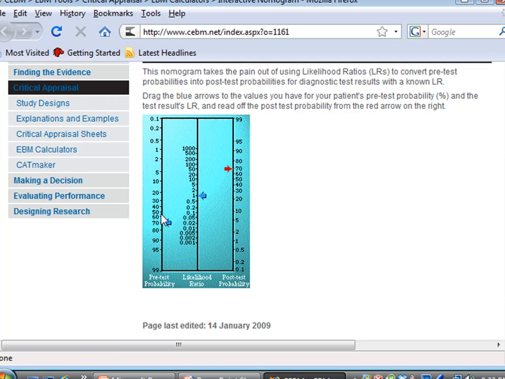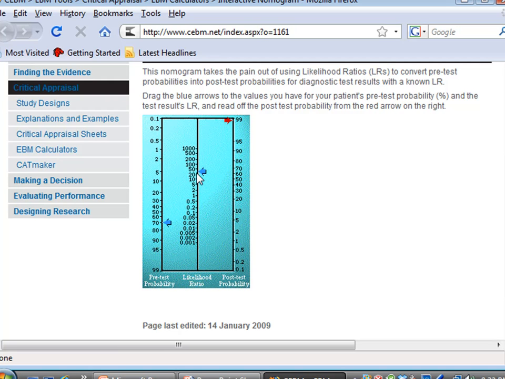Moving the pretest marker to 70 and the likelihood ratio of 42 for the positive Lachman, we'll arrive at our post-test probability. We can see that's quite high, 99. We can be pretty sure that our patient has an ACL tear, but what about that associated meniscus tear?